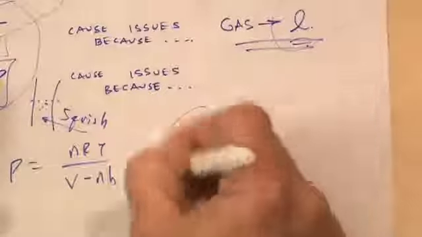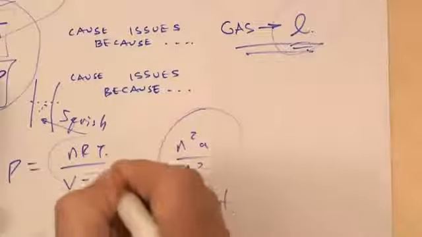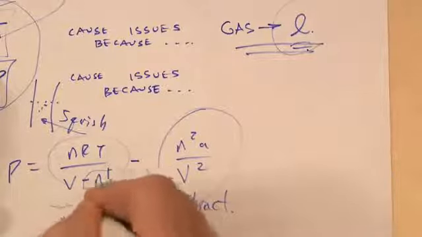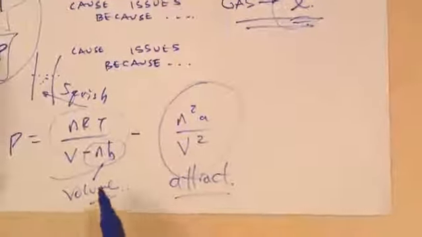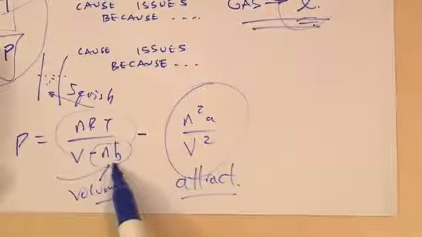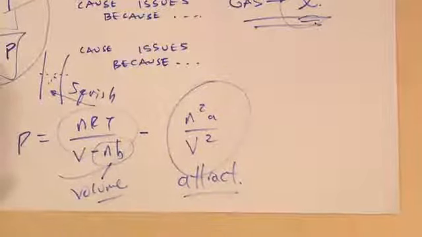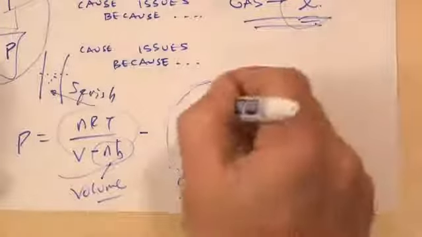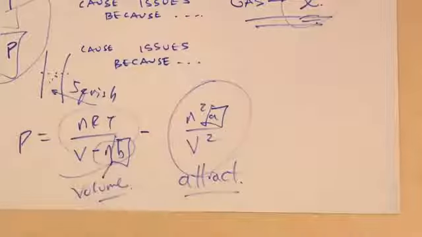This corrects for the molecular attraction, and this bottom part right here corrects for the volume that molecules actually have. Of course it's unique to whichever type of gas you're using, because different molecules of gases take up different volumes, and different types of gases have different attractive characteristics. That's where the a and the b come in. They're unique for each type of gas.